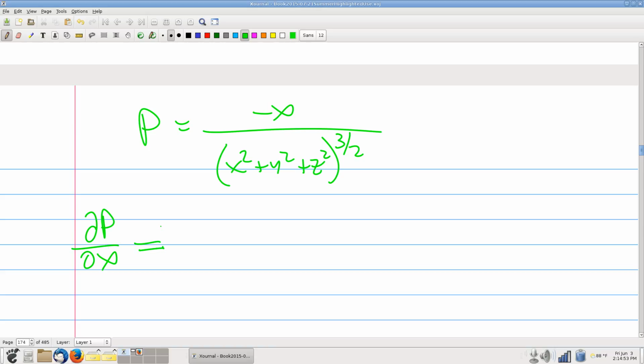Alright, so we need to remember the quotient rule. I'm going to confess, I always get confused as to where the minus sign is. And I think I remember that it goes like this. Tell me if I get this wrong.